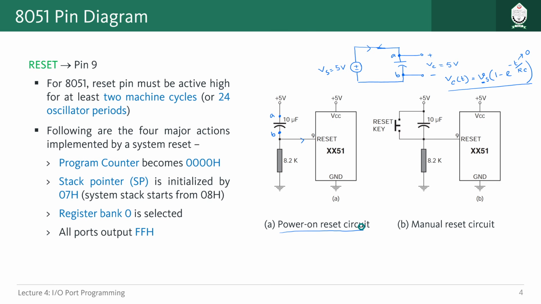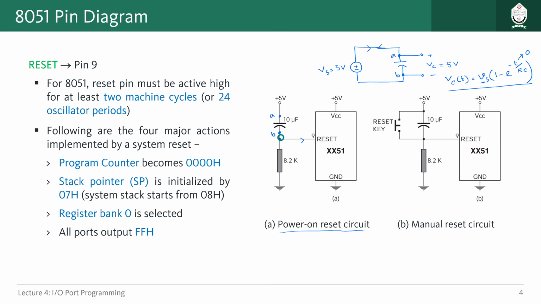Initially this path can be considered as shorted, and for some duration that 5 volt will go through this reset pin. That duration should be at least 2 machine cycles. Afterwards it can decay, meaning the capacitor will get charged up and this path will be opened, and we are not going to get the 5 volt we were getting initially. Afterwards the reset has happened, and now our microcontroller can be used.